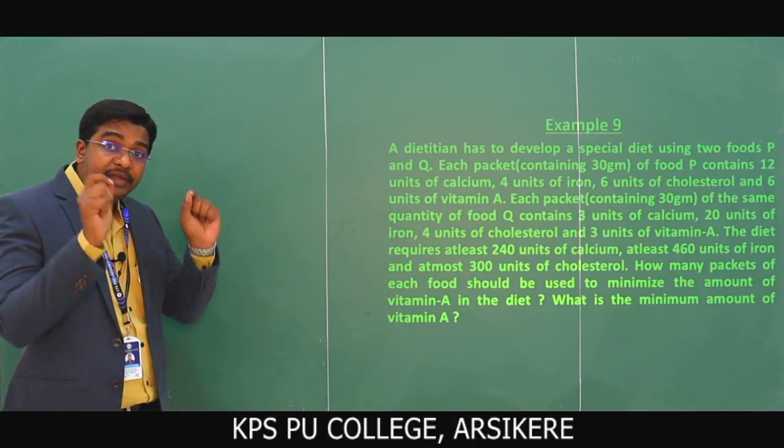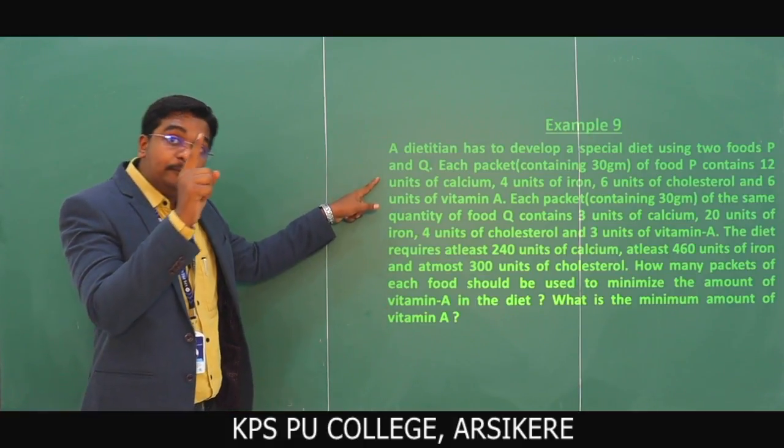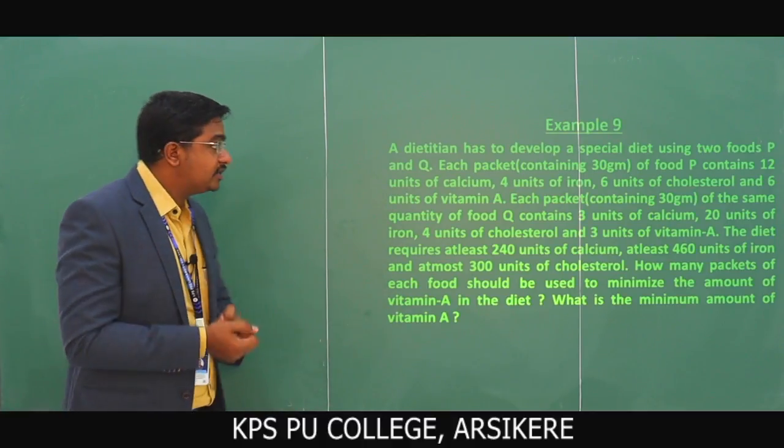Here we need to minimize the amount of vitamin A used in food P and food Q. So listen here, what are the important things?